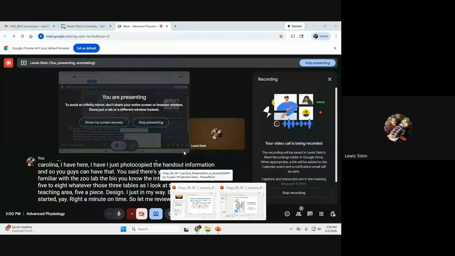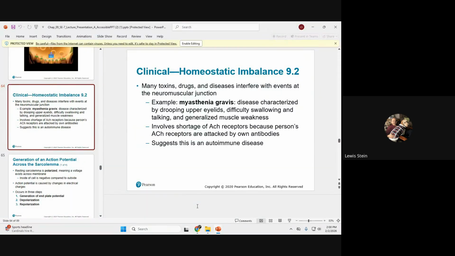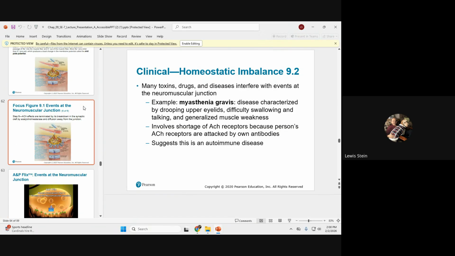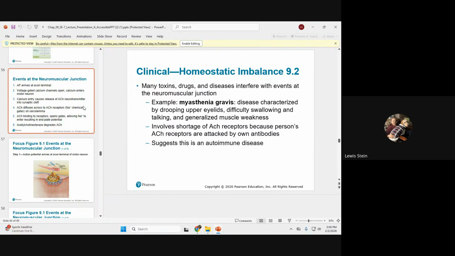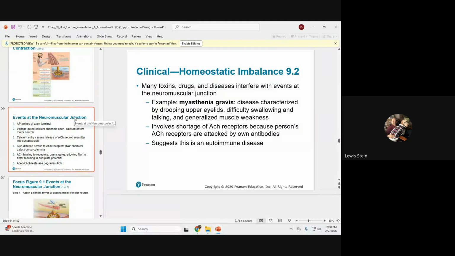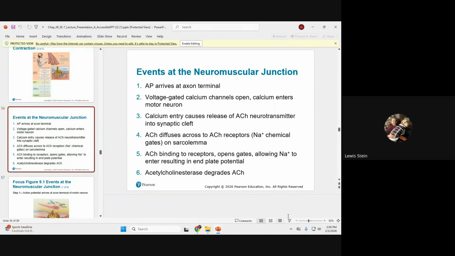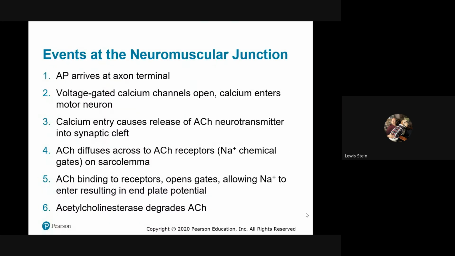We looked at that animation, and really the whole idea is that it summarizes all of these events at the neuromuscular junction. They have this done a couple of different ways, but just to go over it without doing the animation again.